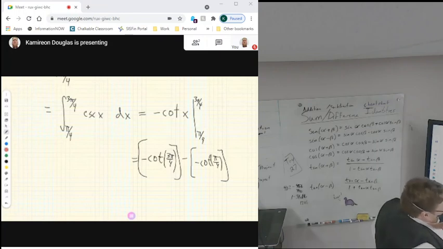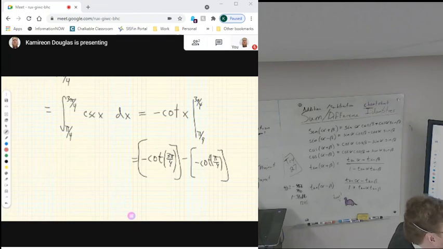Cotangent of 3 pi over 4 would be negative 1. Negative of that would make this positive 1. Minus cotangent of pi over 4, which is 1. Negative of that would make that negative 1, so I'm subtracting a negative 1, which becomes plus 1, and we end up with the very simple problem 1 plus 1, which is 2.